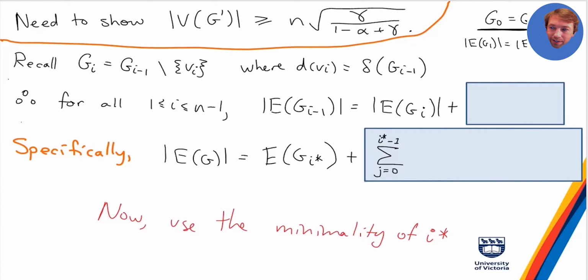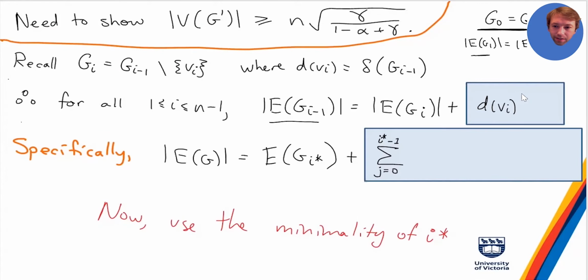Exactly. And so what I want to do is take that equation and rearrange it. I think the first one is called V1. So I can rearrange it to say the number of edges in G0 is equal to the number of edges in G1 plus d of V1. Just rearranging things a bit, but that's exactly the right thing. So in general, the number of edges in G_{i-1} is the same as the number of edges in Gi plus the degree of Vi.